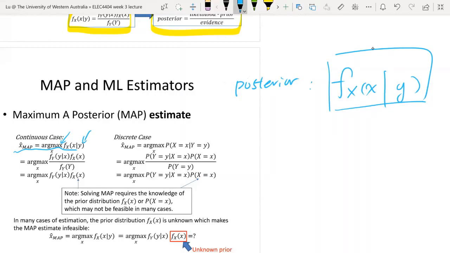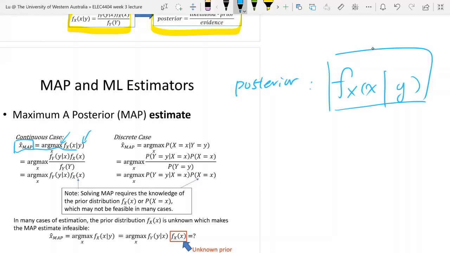The value of X which really maximizes this posterior distribution is our estimation result. So again, we use X hat to denote it, and the methodology used is maximum a posteriori estimation, so we put MAP as a subscript. This means we derive this answer from the MAP methodology.